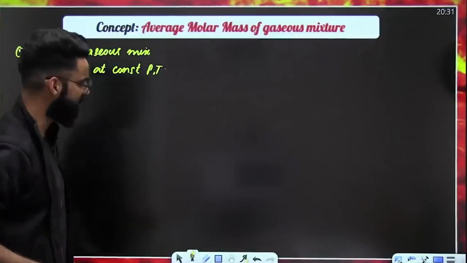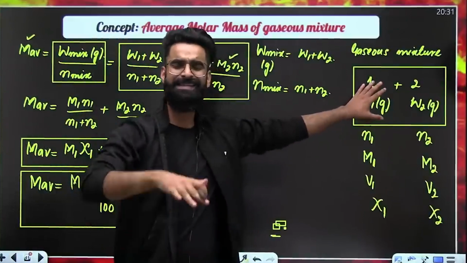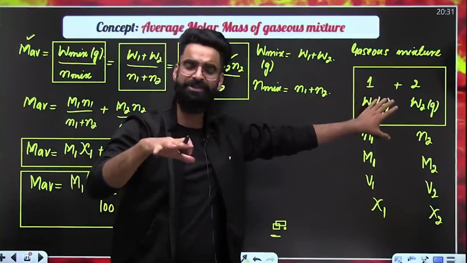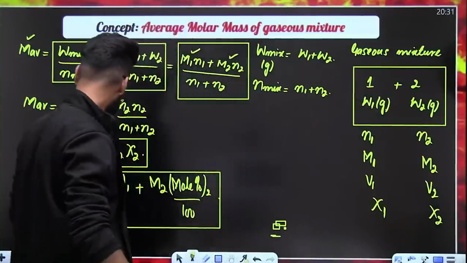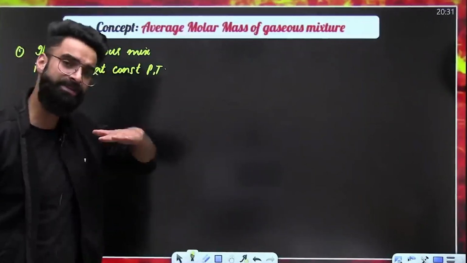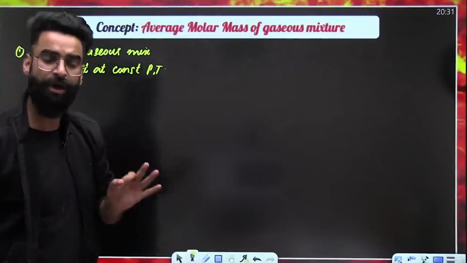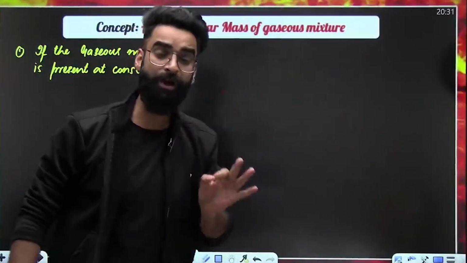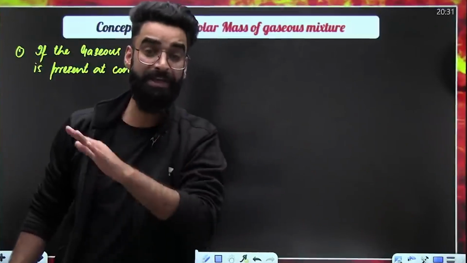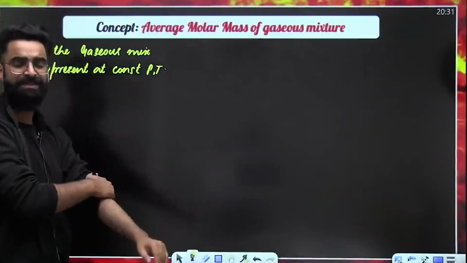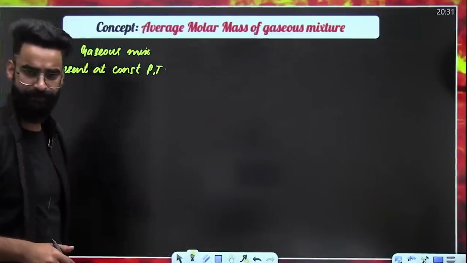That means the gaseous mixture which I have taken in the container, let's say its pressure and temperature are fixed. Let's say the pressure and temperature of the mixture do not change at all. That's how I say that the mixture is present at constant pressure and temperature. I do not let the pressure and temperature of the mixture change. Then only can I say the gaseous mixture is present at constant pressure and temperature.